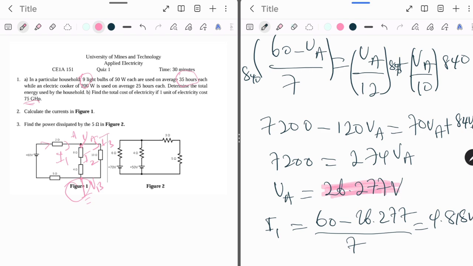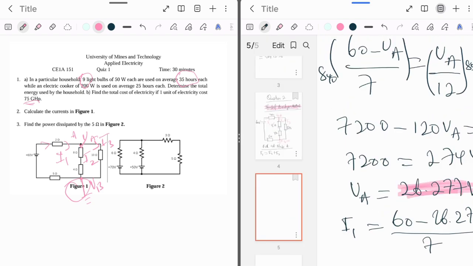Sorry, the unit is supposed to be amps. Okay, amps rather.